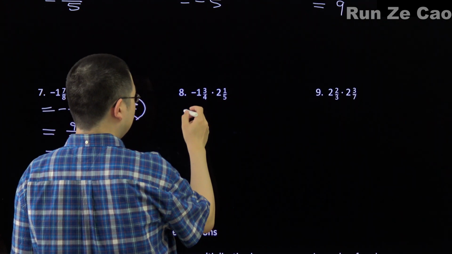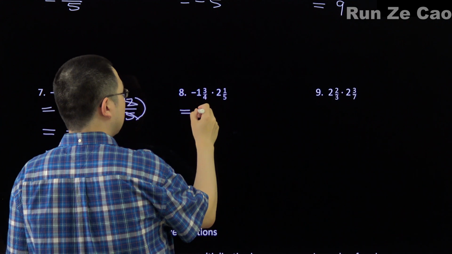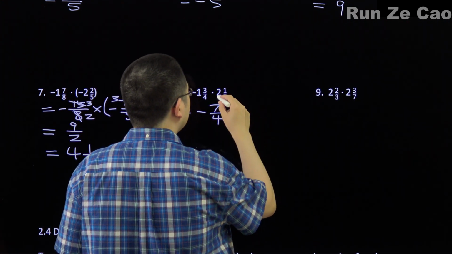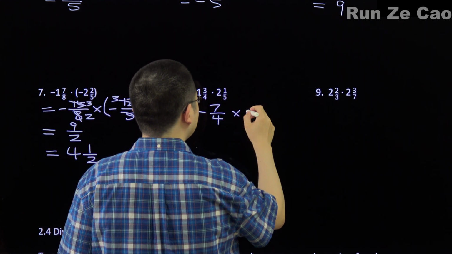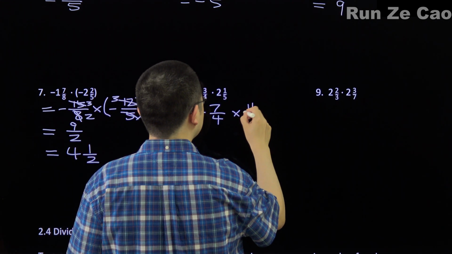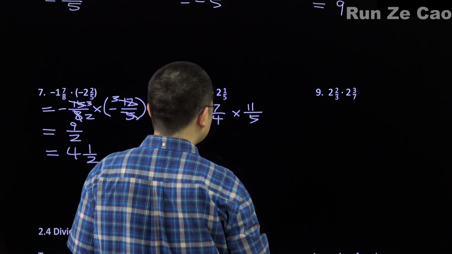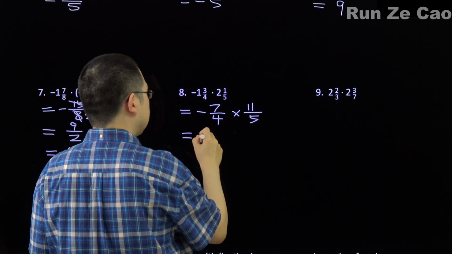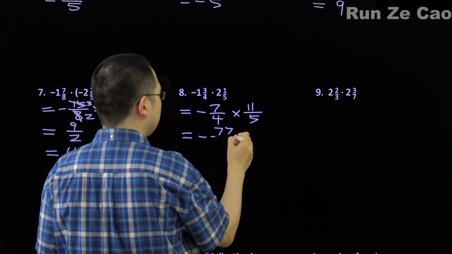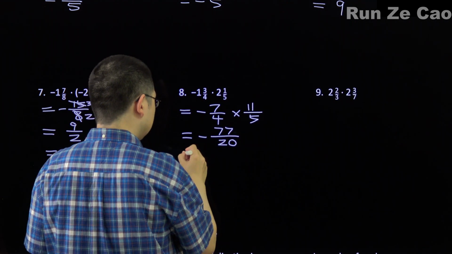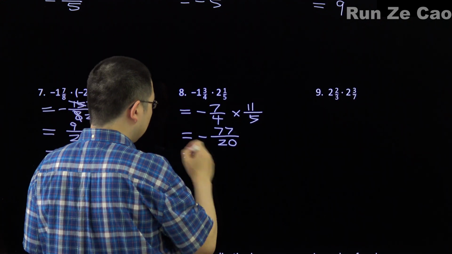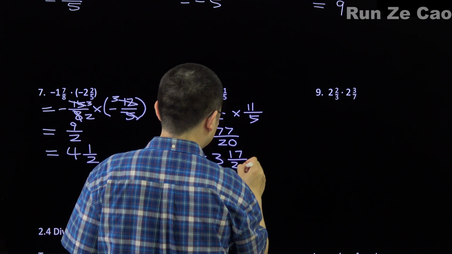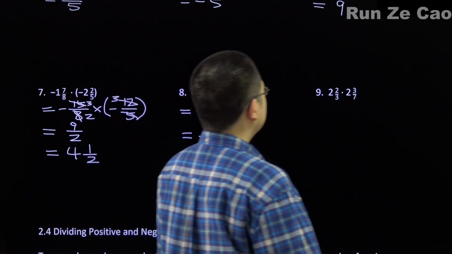And so negative 1 3/4, that's negative 7 over 4, times 2 times 5 is 10, so 11 over 5. There's nothing here we can factor out, so we're stuck with negative 77 over 20. So that's negative 3 and 17 over 20.